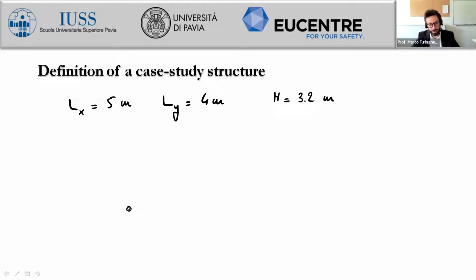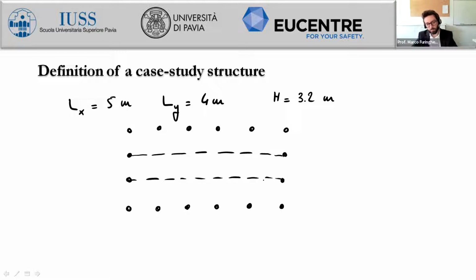So we have 6 columns along the X direction, and then we have 3 spans and 4 columns along Y. So we have this grid for the plan view of the overall building.